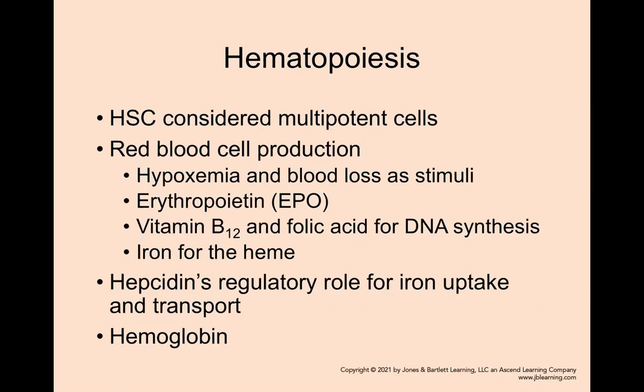That's because they can transform into so many different kinds of cells. Red blood cell production is stimulated by hypoxia and blood loss. It's also stimulated by erythropoietin, or EPO. EPO is produced in the kidneys in response to poor oxygenation. EPO is essential for erythropoiesis as it signals the cells to continue to develop these precursor cells.